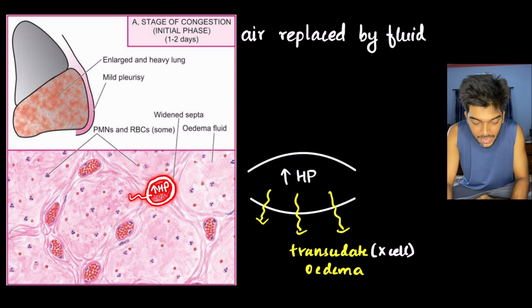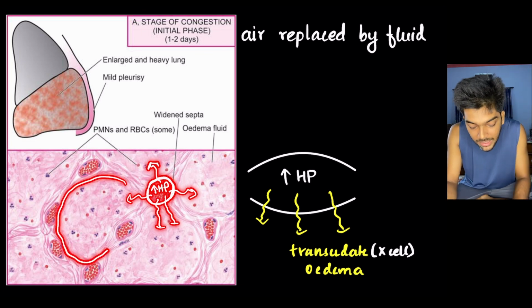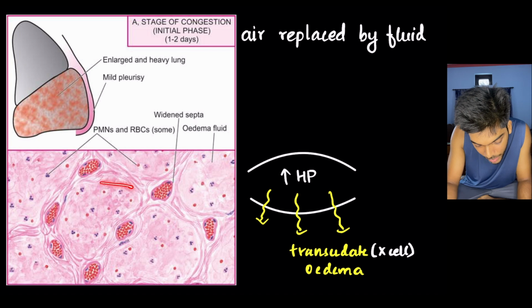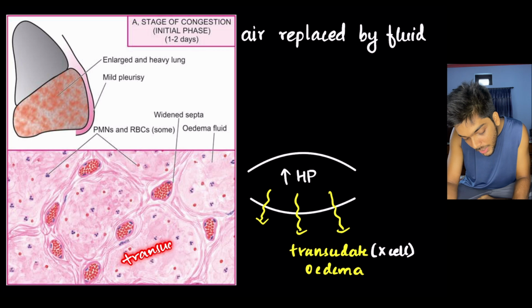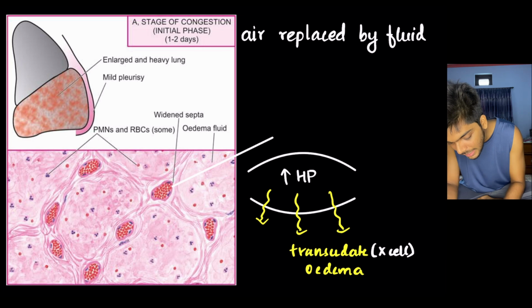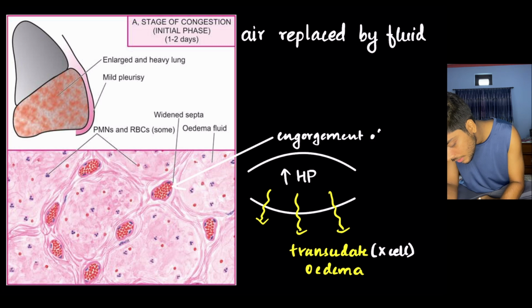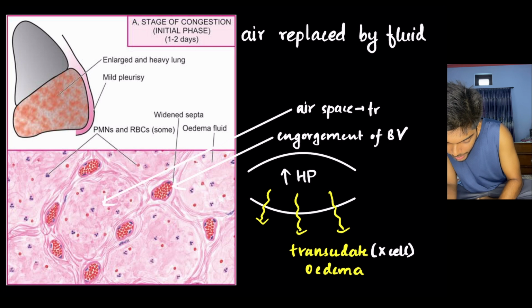The fluid from inside, due to pressure difference, gets pushed outside. This fluid accumulates in the air space within the alveoli. So the air space is now replaced with transudate. If I had to label it, I'll write two things. Number one, there is engorgement of the blood vessel, and number two, the airspace is filled with transudate.